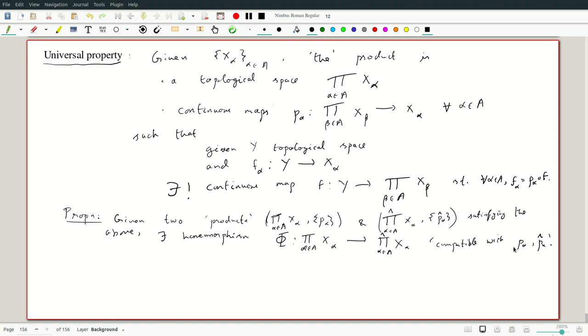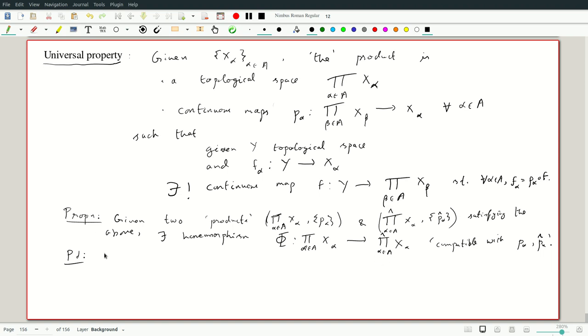Since this is really just illustrative, we are not going to use it, so I won't spell it out. It means that some composition of phi with P alpha hat is going to be P alpha. That will become evident from the proof. The proof is by universal property. Okay, so this is a product.